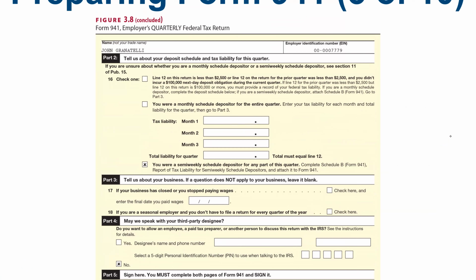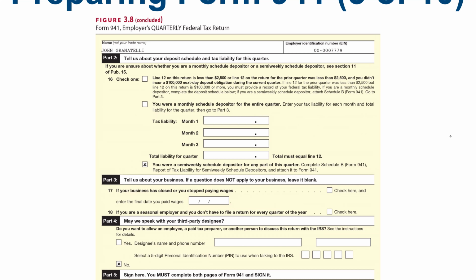So part 2, but basically line 16, it says in our book, in addition, semi-weekly and next day depositors must complete Schedule B of Form 941, report of tax liability for semi-weekly schedule depositors, instead of the Form 941 line 16. The employer's tax liability is listed by each payday.